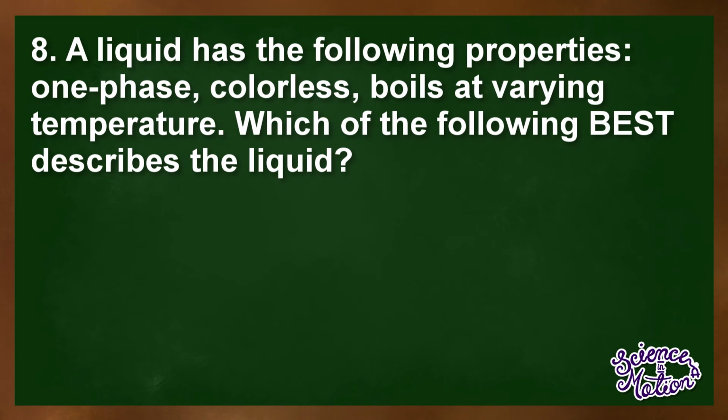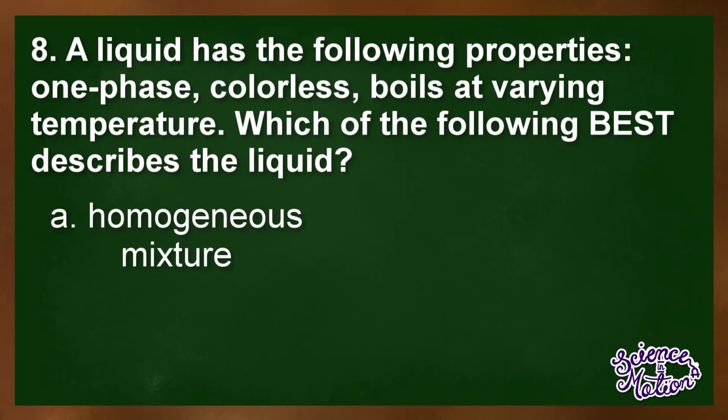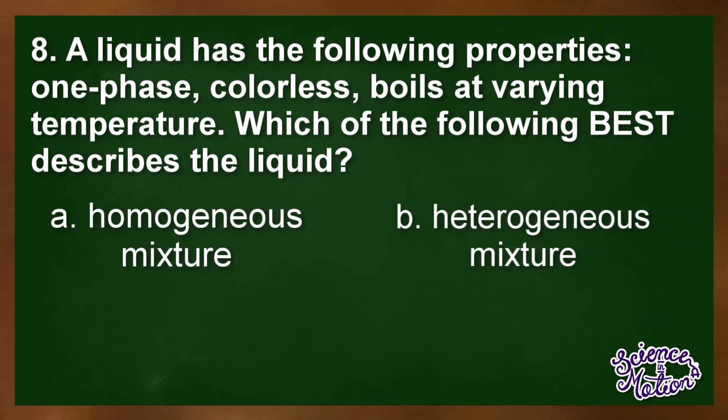8. A liquid has the following properties. One phase, colorless, boils at varying temperature. Which of the following best describes the liquid? A. Homogeneous mixture. B. Heterogeneous mixture. C. Substance.